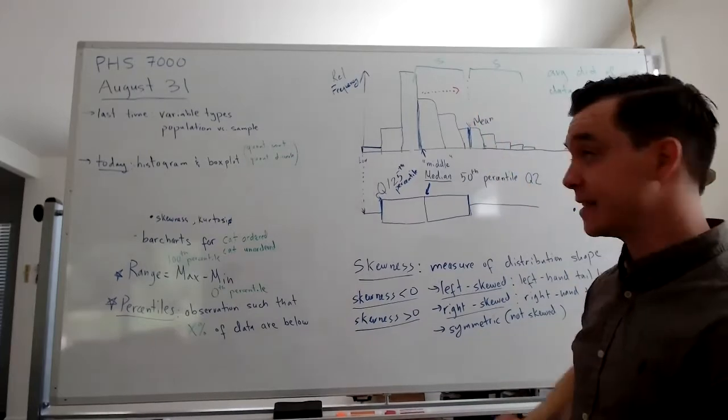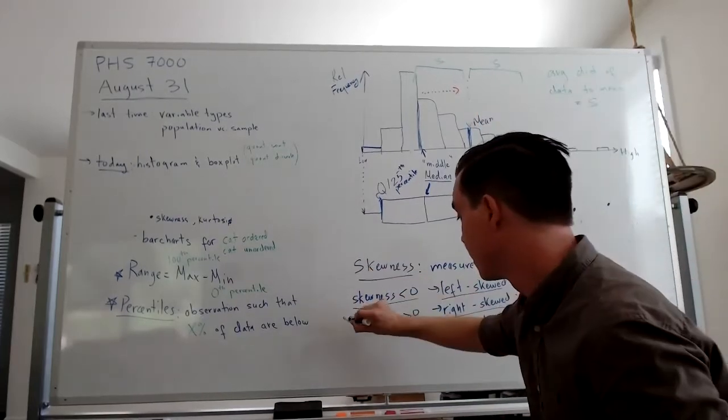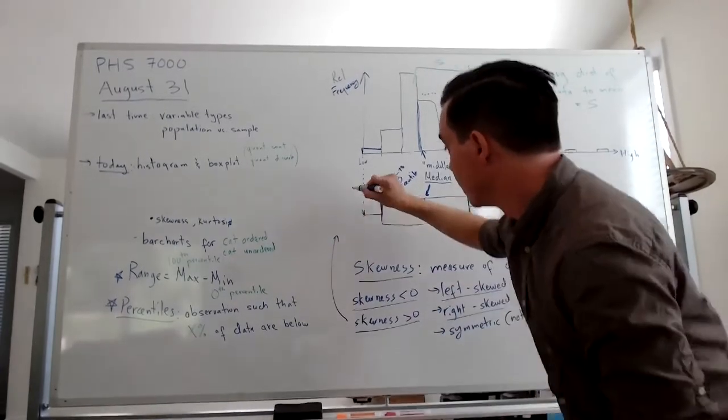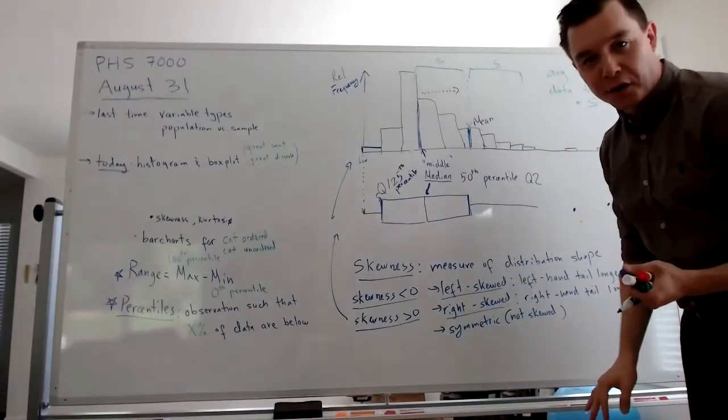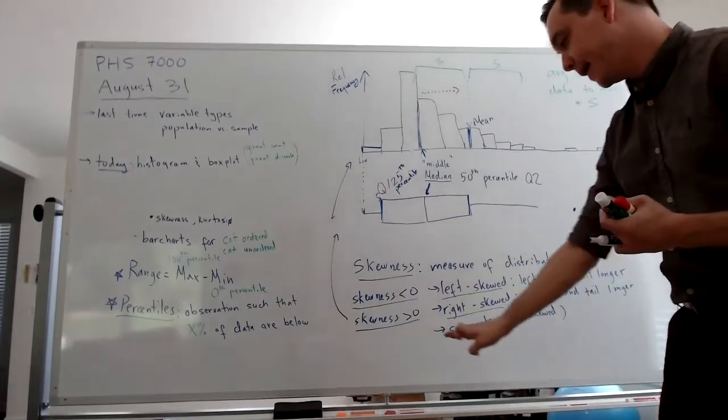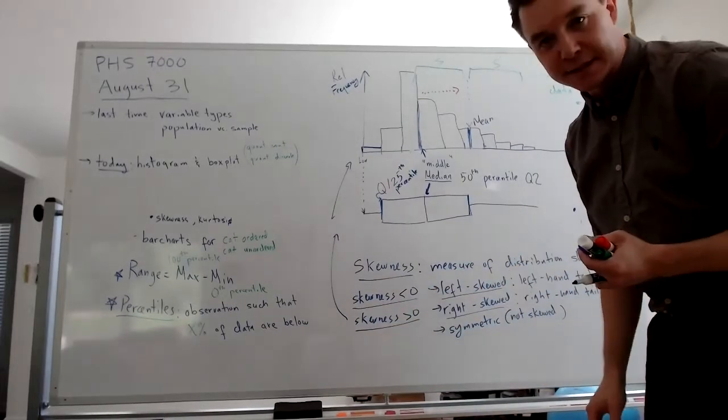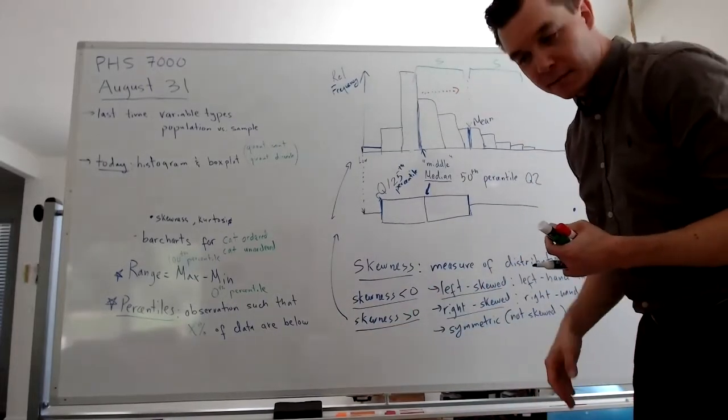This is my data set. This is an example of what a variable would look like if we had positive skewness in the sample.